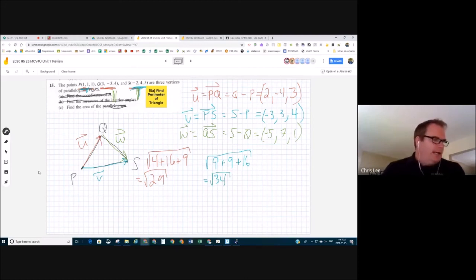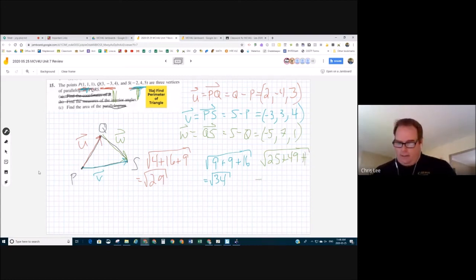Okay. And then my final one is the green vector, and it's the square root of 25 plus 49 plus 1. And that's 75.